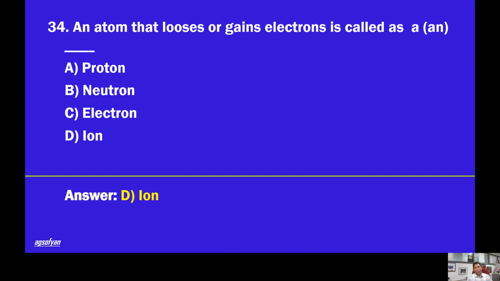So an ion is actually an atom that loses or gains electrons. If it is losing electrons, then it becomes a positive ion. If it is gaining electrons, then it becomes a negative ion because electrons carry negative charge.